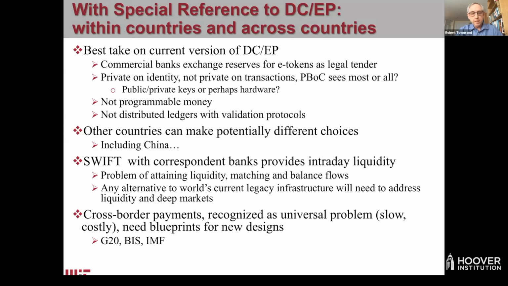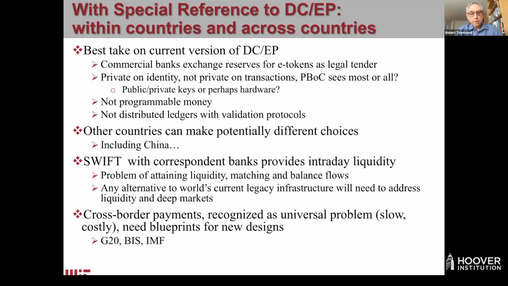So the basic take on the current version of China's DCEP is that commercial banks will exchange reserves for these e-tokens, which will serve as legal tender. There will be privacy on identity for transactions, but the transactions themselves will be public. The People's Bank of China is likely to see most, if not all, of what's going on.